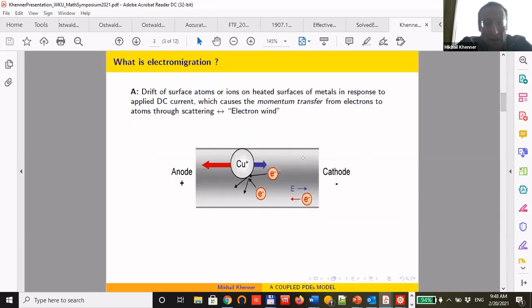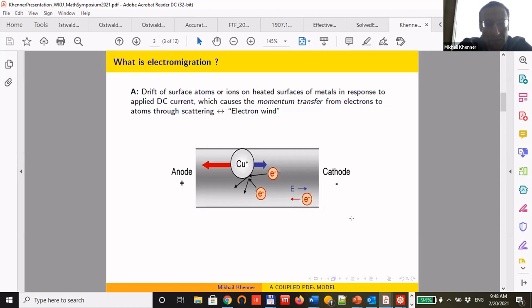Electromigration is an effect that was discovered roughly 70 years ago. Essentially, the simplified picture is like this. Imagine that you have a metal conductor, for instance, a copper conductor, and you apply a constant electric field to this conductor.